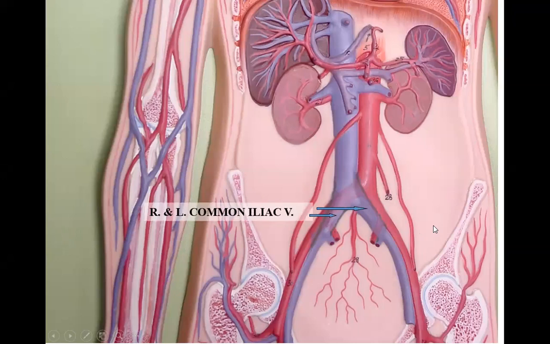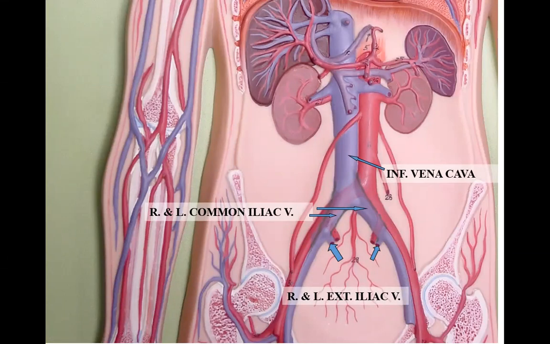There are the right and left common iliac veins. See how they're coming together to form the inferior vena cava, because remember, veins go up. So you have the right and left common iliacs. There's the inferior vena cava. Now below that junction, you have the right and left external iliac veins.